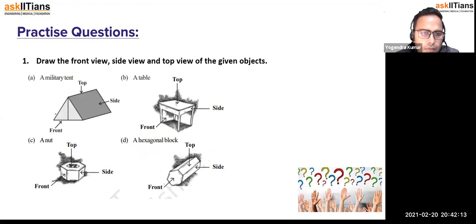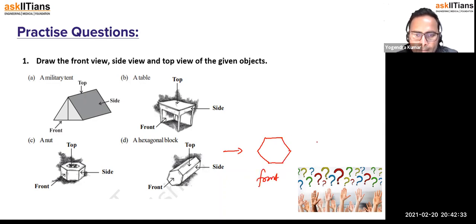If we have these questions, if you want me to draw any shape, I can draw, but I think you can do it yourself. If you want to see the front view, let me do it for this one. The front view will be what? This is the front view. Now what side view are we going to get here?